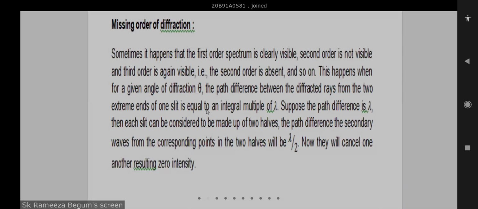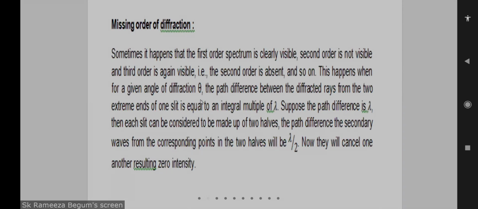This happens when, for a given angle of diffraction theta, the path difference between the diffracted rays from the two extreme ends of one slit is equal to an integral multiple of lambda. Suppose the path difference is lambda, then each slit can be considered to be made up of two halves. The path difference of the secondary waves from the corresponding points in the two halves will be lambda by 2. Now they will cancel one another, resulting in zero intensity.